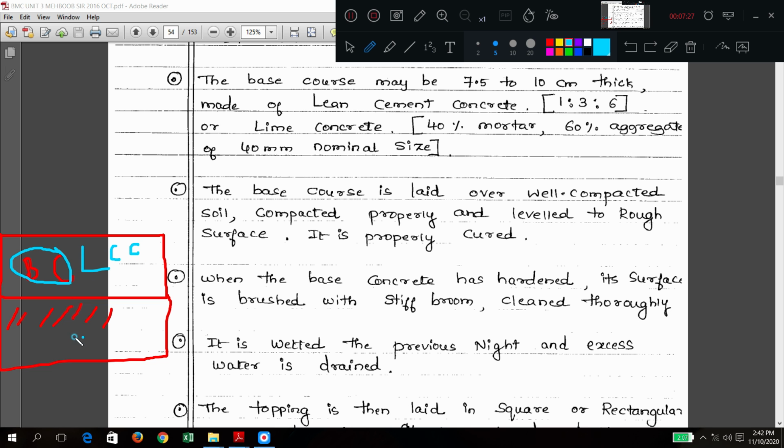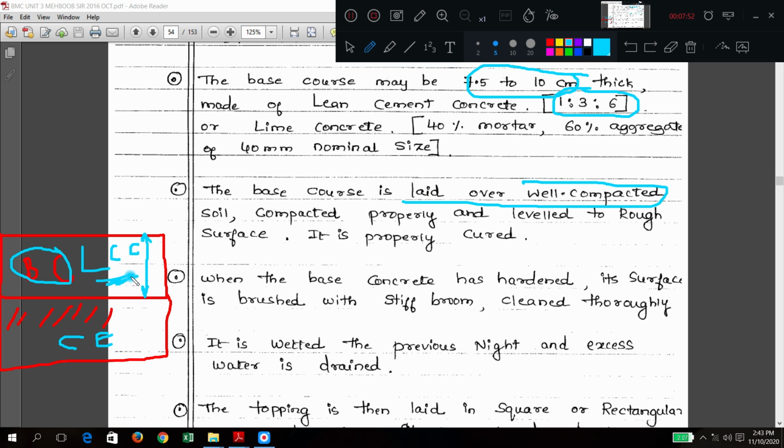First is compacted earth, then LCC. They are telling it is 10 centimeter thick, meaning 7.5 to 10. Its proportion is 1:3:6.